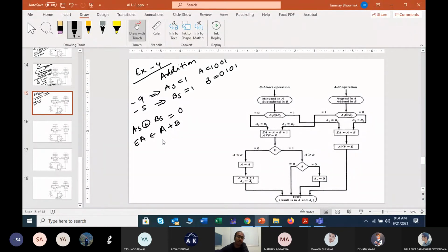Right? Now you can do the operation: A is 1 0 0 1 and B is 0 1 0 1. So now what can you write? It is 0, it is 1, it is 1, it is 1. So your resultant A is 1 1 1 0 and your previous AS was 1.